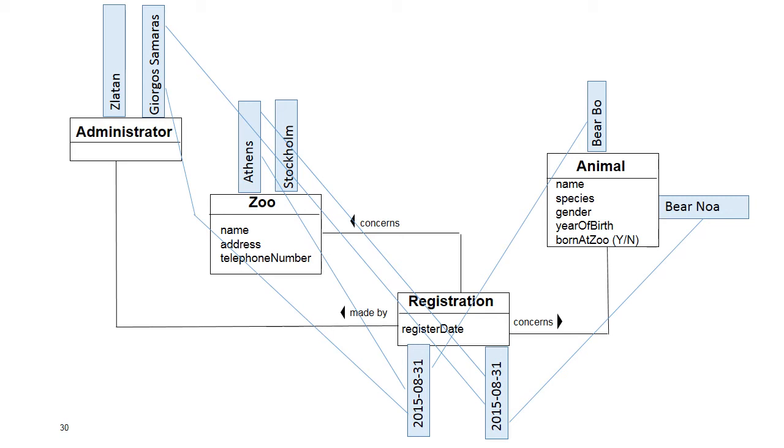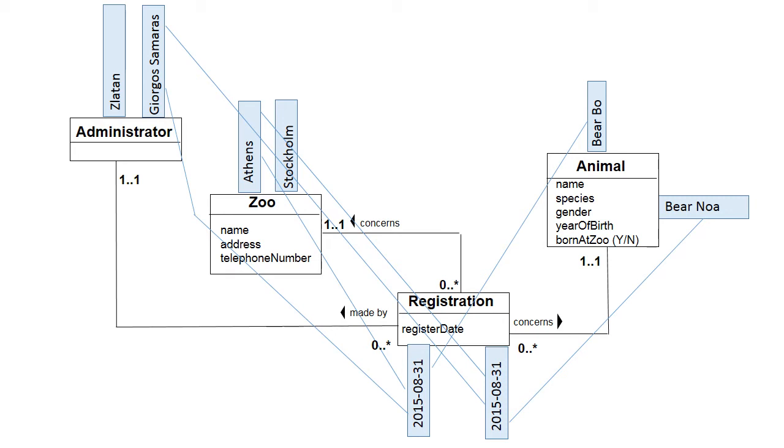Now we try to add the multiplicity in this case. We start from the registration object. We can take the registration object to the left and think how many. If you go from the registration class to the administrative class, it has to be exactly one: a registration object has to be linked to exactly one administrator object.